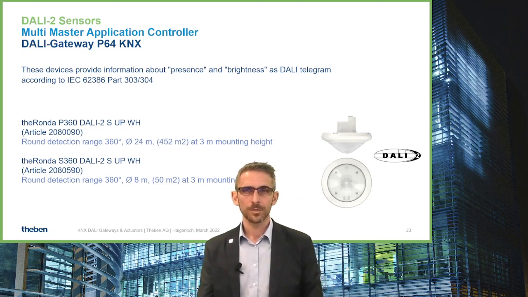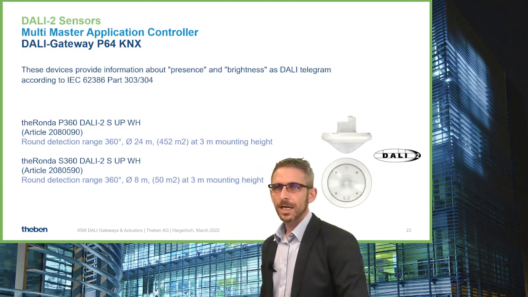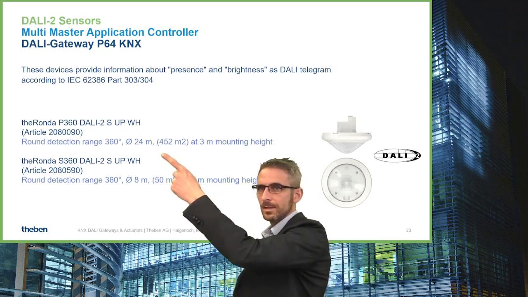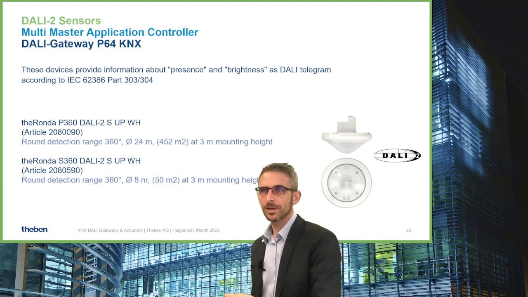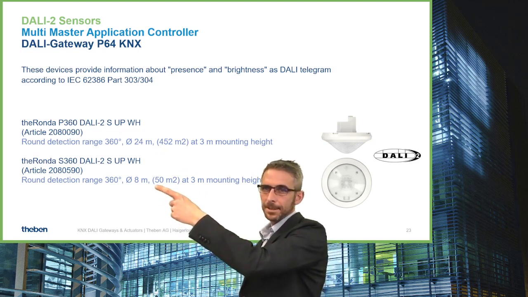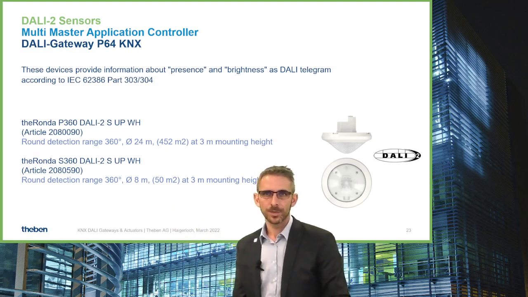So these devices can be connected to the Multimaster Application controller to combine the information directly in the DALI gateway. T-Ronda P, for example, is a presence detector with a detection area 24 meters in diameter, and T-Ronda S360 is, let's say, the same device, but with a smaller detection range, 8 meters in diameter.